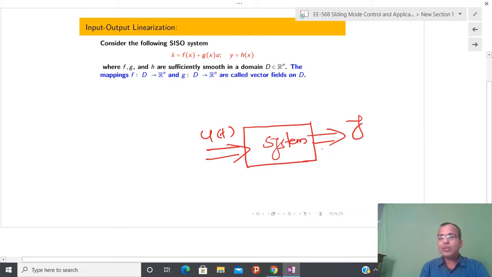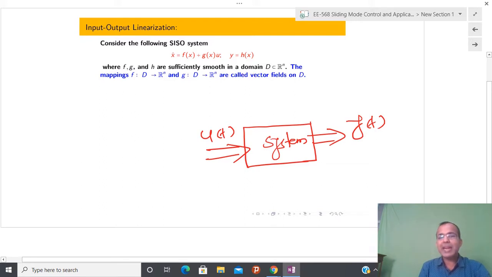So users are just able to know what kind of input, what kind of tuning I will do, such that I will get this kind of particular output. So what button I will press such that my temperature is 25 degrees. So that kind of thing they are just worrying about. So what the next concept is suggesting is that there is no need to worry about the input to state linearization, you can just worry about the output.